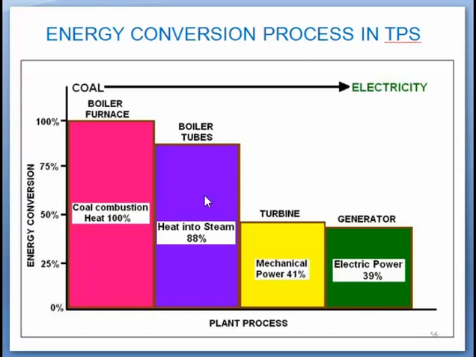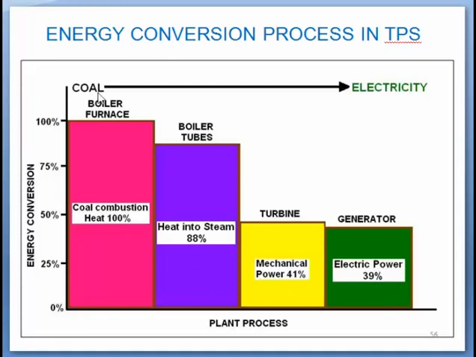This steam finally goes to the turbine, it rotates the turbine, and only 41% is made available as mechanical power because of various reasons, because of the efficiency of the turbine, and this prime mover rotates the generator, and finally we are getting only 39% as electrical power.